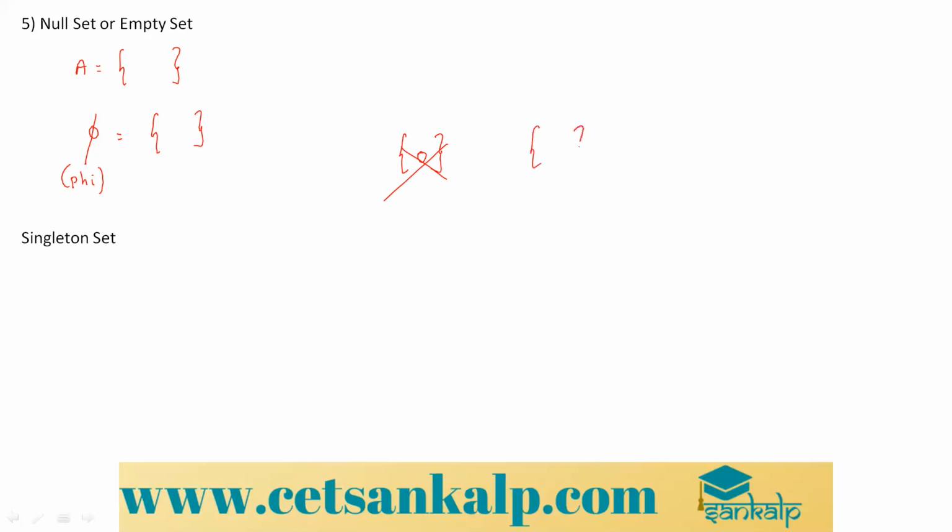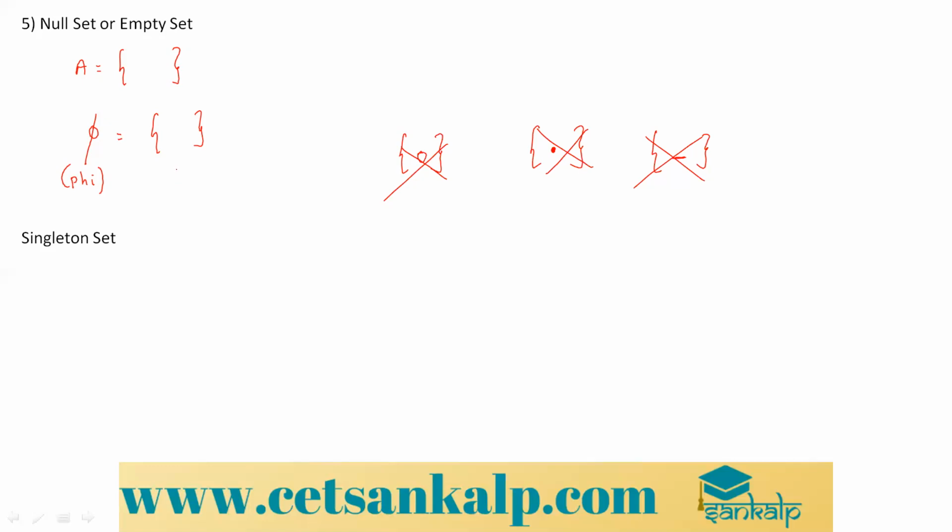Suppose if I write flower brackets and I put a point inside, this is not a null set because it is having a point inside. Suppose if I put flower brackets and write a dash inside, it is not a null set. There shouldn't be anything inside the flower brackets, completely empty. Such a set is called null set or empty set.